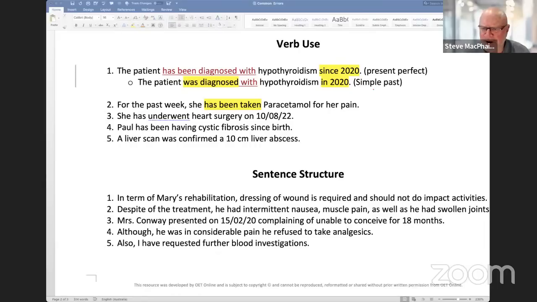While I'm waiting, Mohammed asks, can we say she's been suffering from hypothyroidism? Look, it is possible to use suffering, but you've got to ask yourself as a health professional, are they really suffering? Is it well managed? If it's well managed, we often say not suffering from diabetes. So suffering implies some sort of pain or discomfort. That's how you make a decision on that.